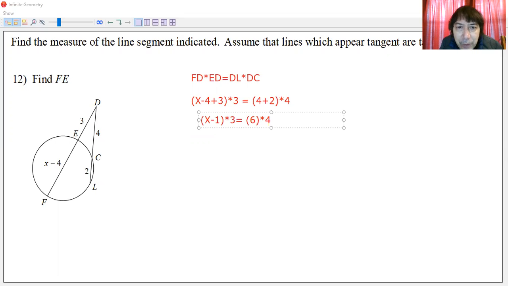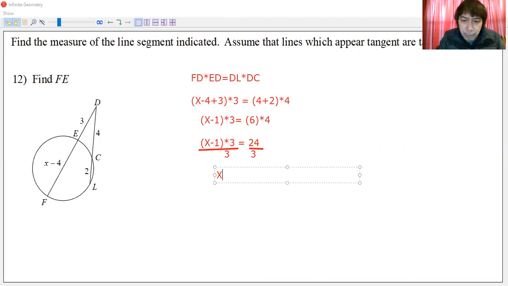And so this will become x minus 1 times 3 equals 24. Then we shall divide by the 3 and divide this by the 3. Right side becomes 8. So left side becomes x minus 1. X minus 1 is 8.